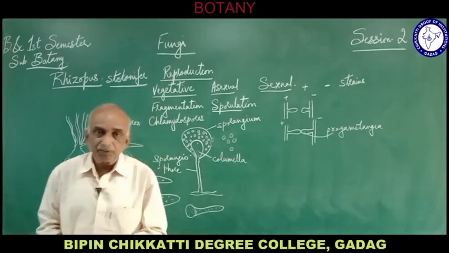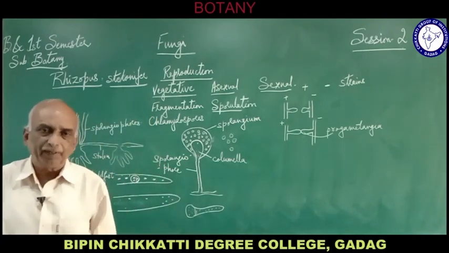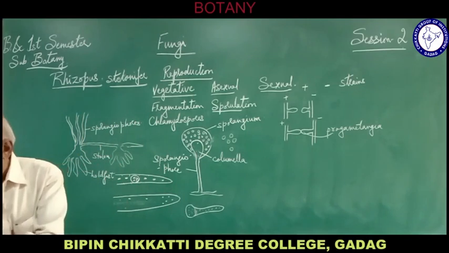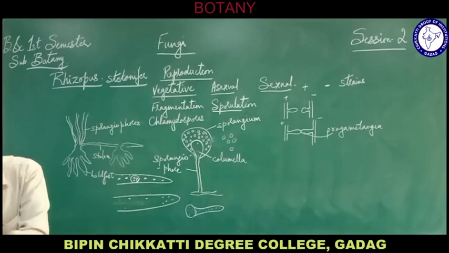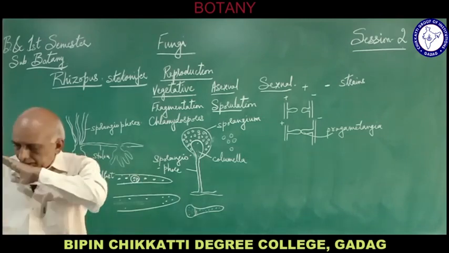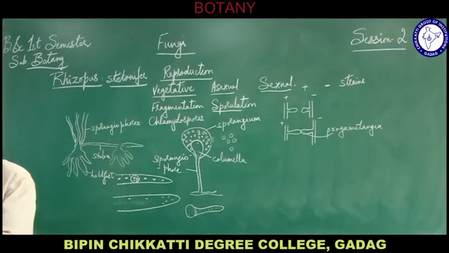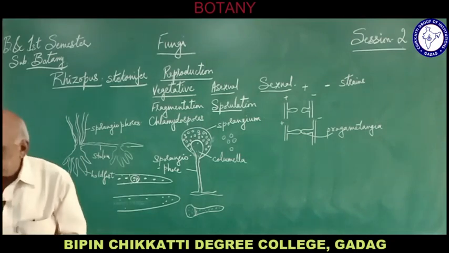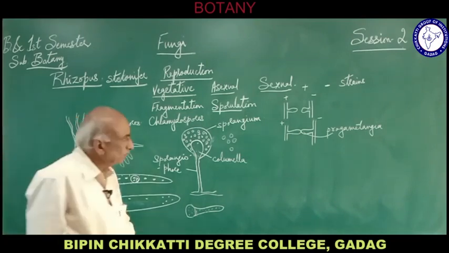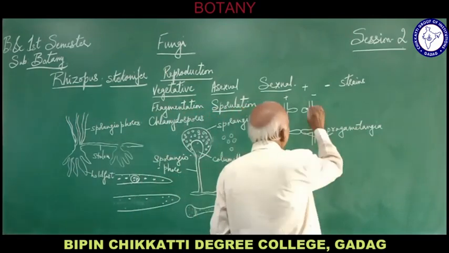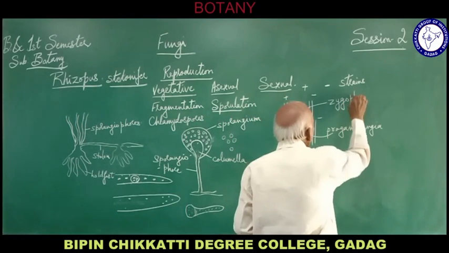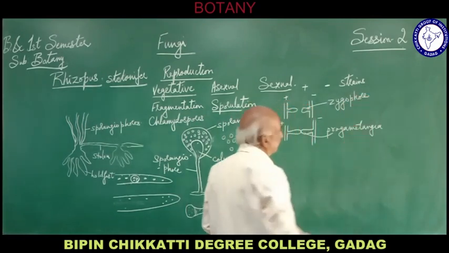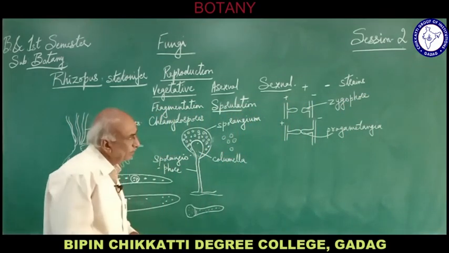The progametangia are hyphal branches. The hypha which gives rise to the progametangia is actually called the zygophore.